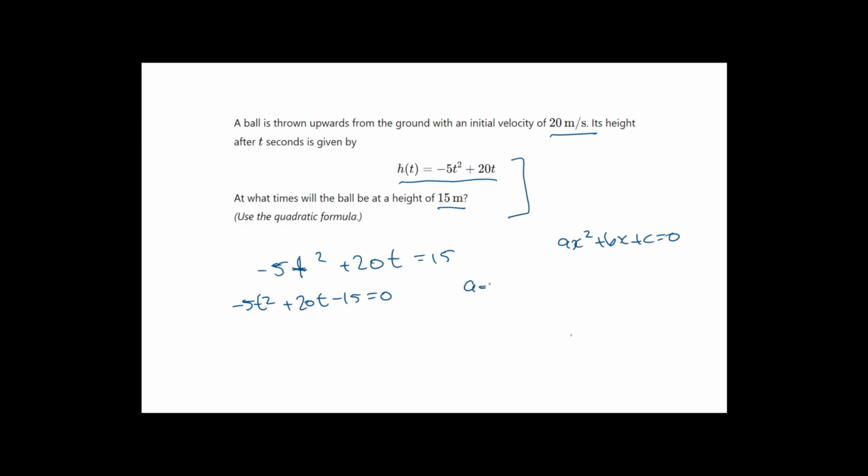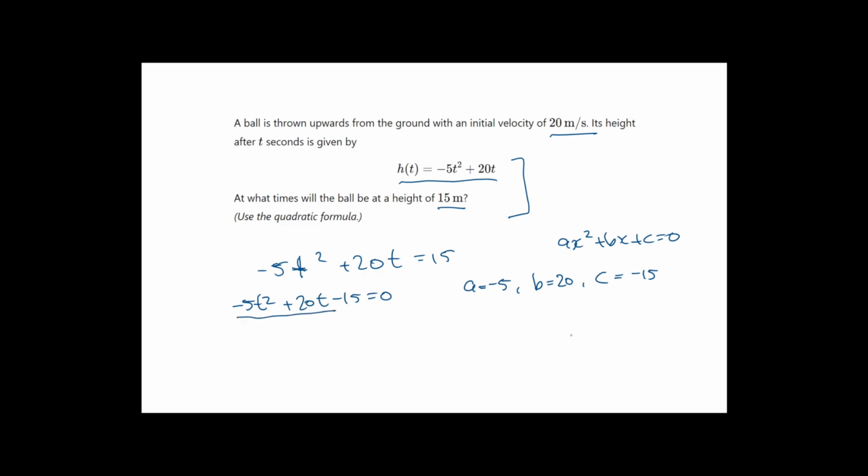So a is going to be minus 5, b is going to be 20, c is going to be equal to negative 15. Or is it? Can you see a shortcut that we can use that's going to make our life a lot easier?